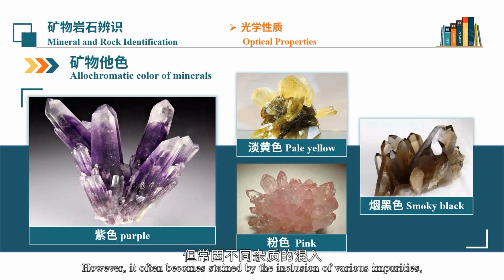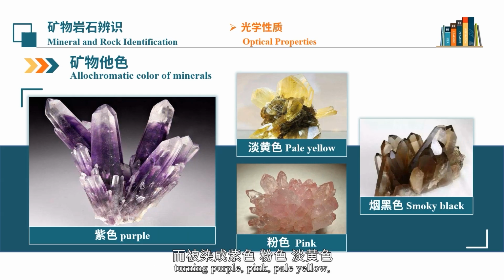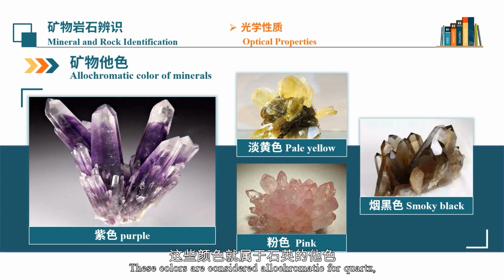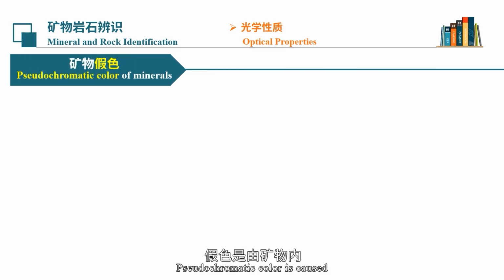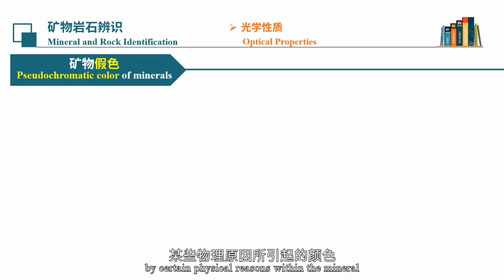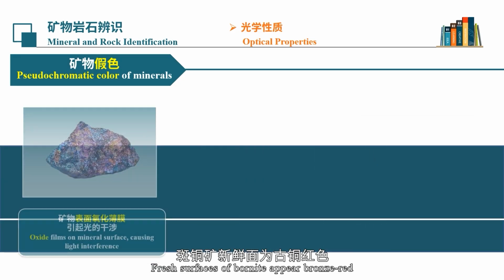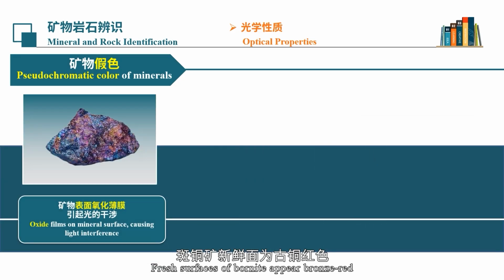Another example is a pure quartz crystal, which is colorless and transparent. However, it often becomes stained by the inclusion of various impurities, turning purple, pink, pale yellow, smoky black, and other different colors. These colors are considered allochromatic for quartz, unrelated to the inherent color of quartz itself, and thus hold no diagnostic value. Pseudochromatic color is caused by certain physical reasons within the mineral, such as fresh surfaces of bornite appear bronze red.